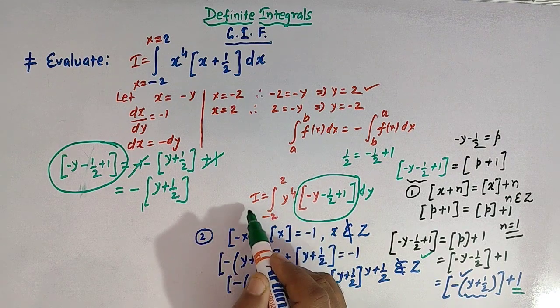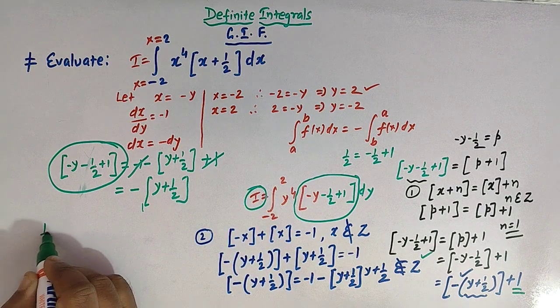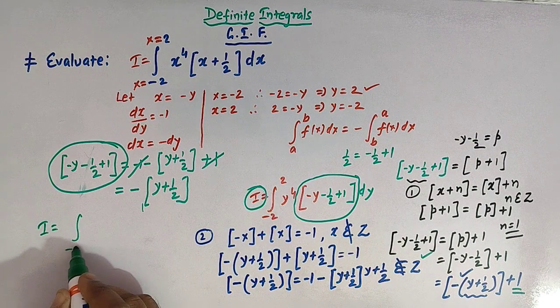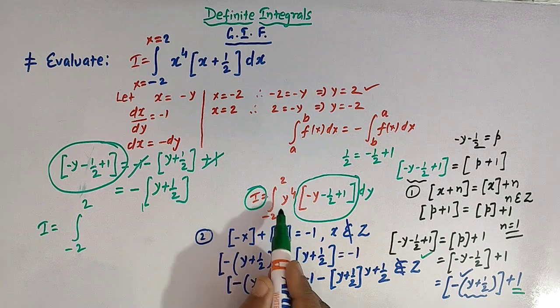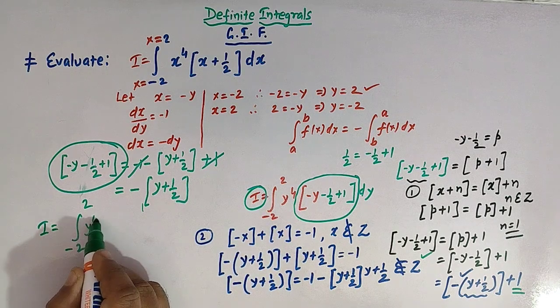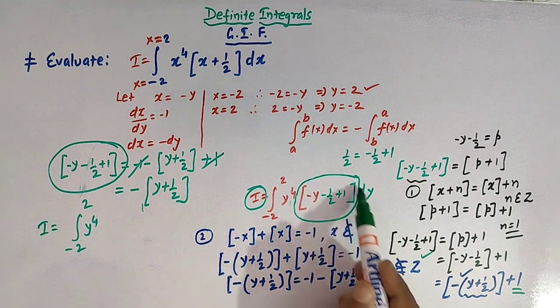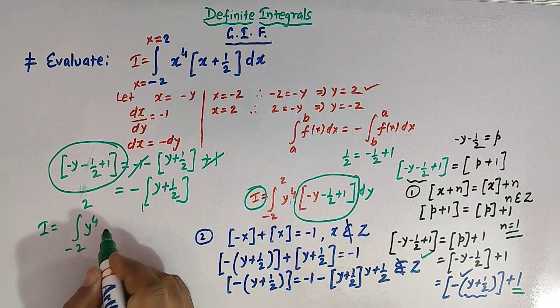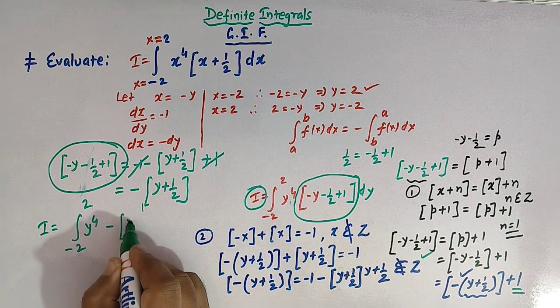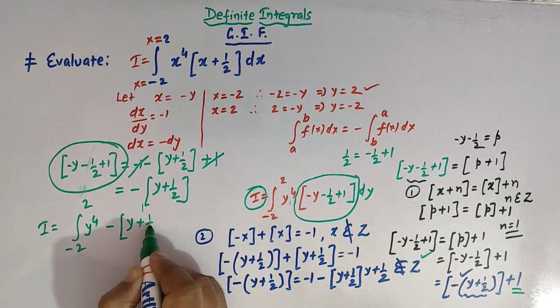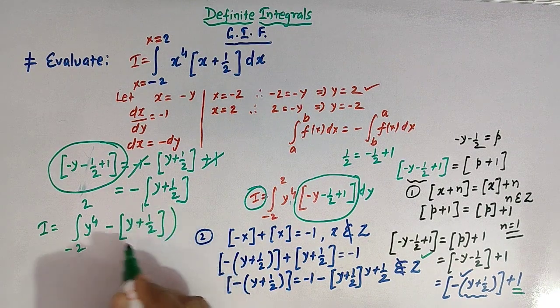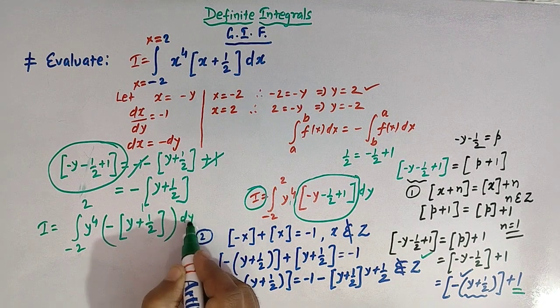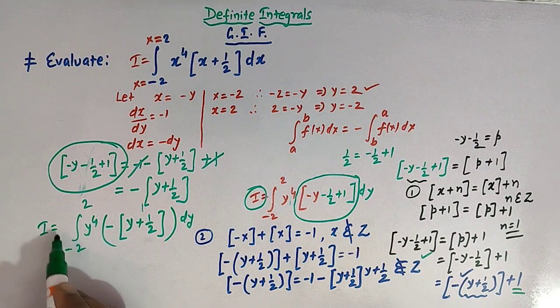So now here we have the integral I. So I can be written as the integral from minus 2 to 2 of y raised to 4, and for this term, we can now write a negative of the greatest integer of y plus half, and here we have dy. Now we can take this negative sign in front of the integral.